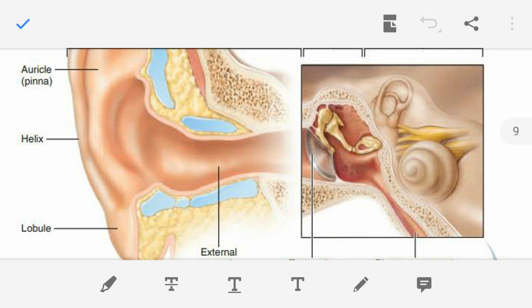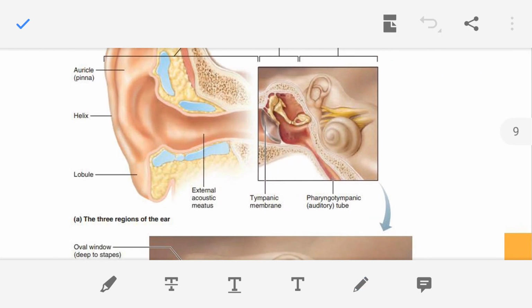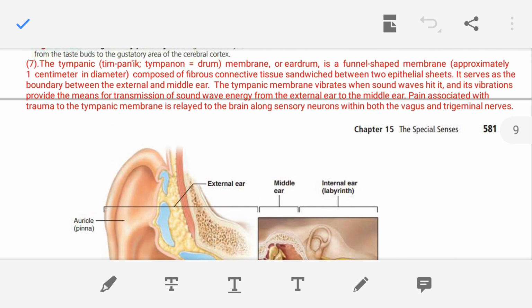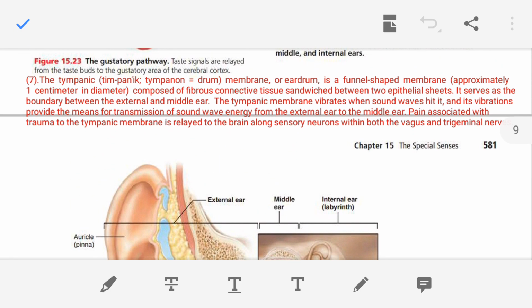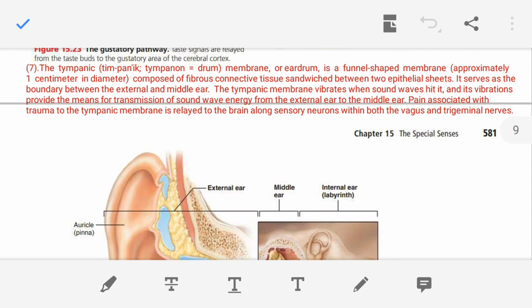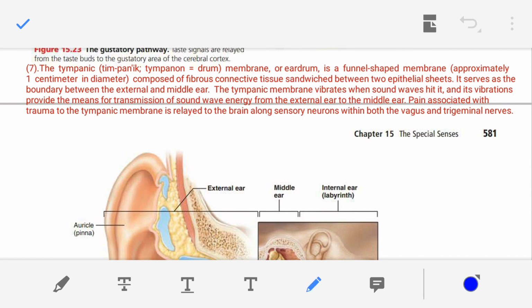Between these two epithelial sheets of the external acoustic meatus, the tympanic membrane is sandwiched. Now the function of the tympanic membrane: it serves as the boundary between the external and middle ear.